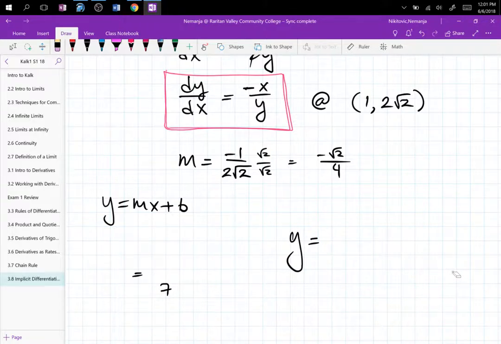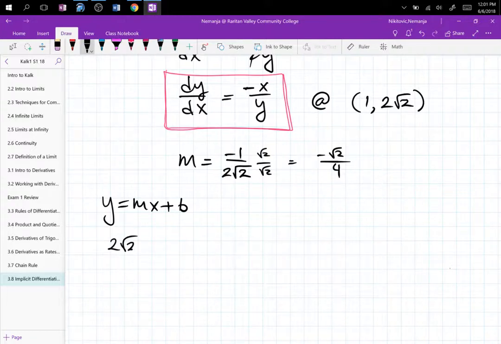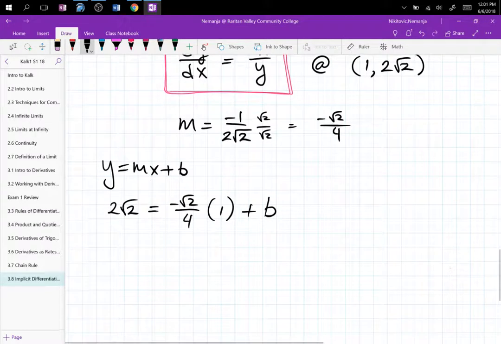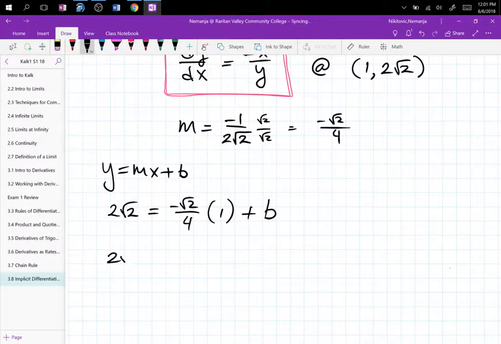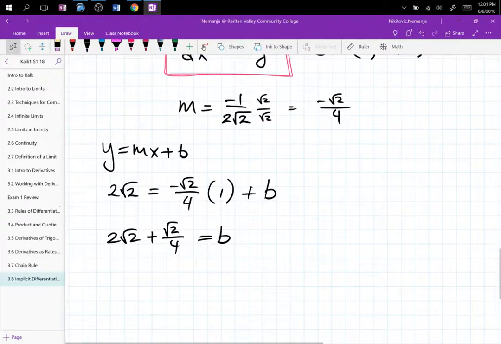So now I have to just redo all of this. So I have y, which is 2 root 2, is equal to the slope, negative root 2 over 4, times x, which is 1, plus b. So I have 2 square root of 2 plus square root of 2 over 4 is equal to b.